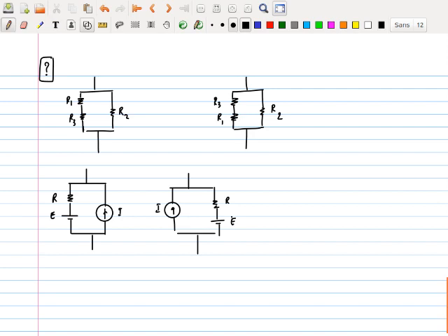Are those two circuits equivalent? Same. Everything is the same. So ultimately, as a conclusion, for two branches which are parallel, I don't care what is in there, it's still the same.